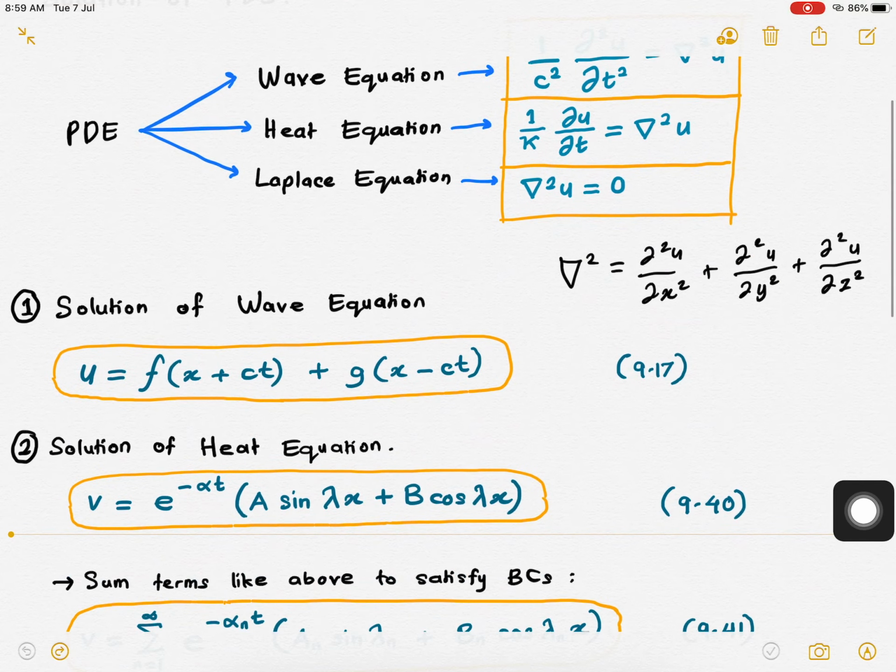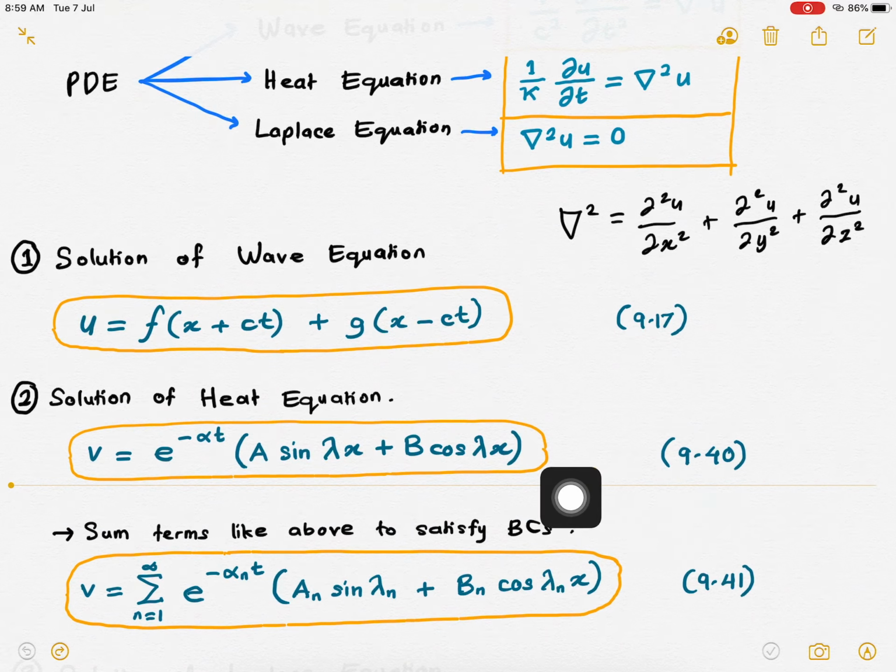Now we go to the next formula, which is the solution of the heat equation. These are the solutions of the heat equation. If you look here, you are familiar with this form of equation, where we have exponential, sine and cosine.